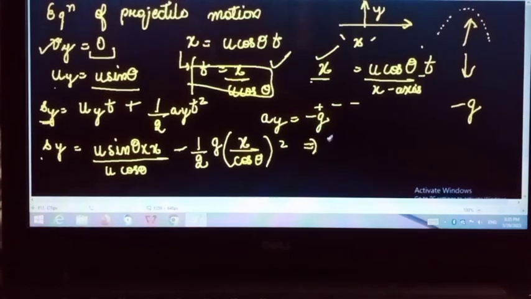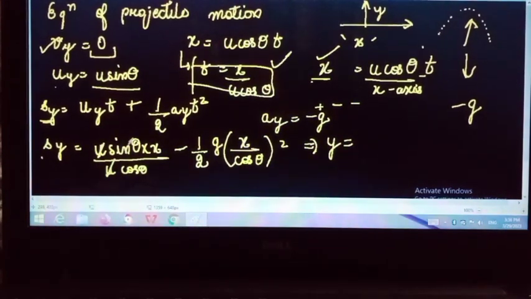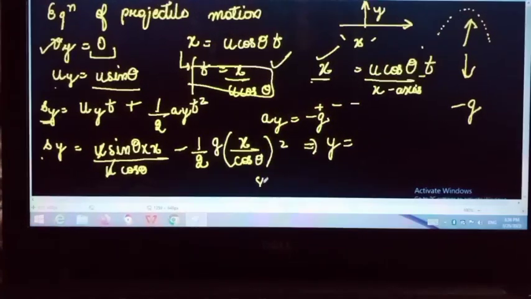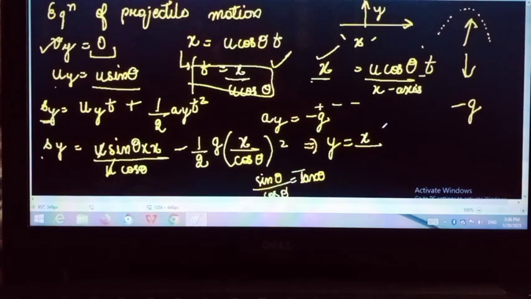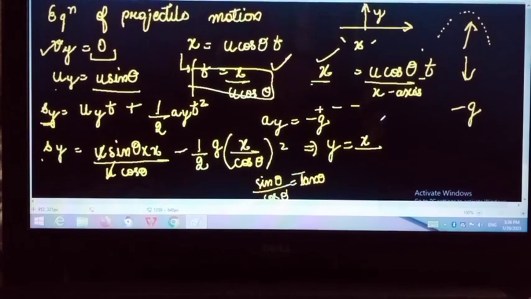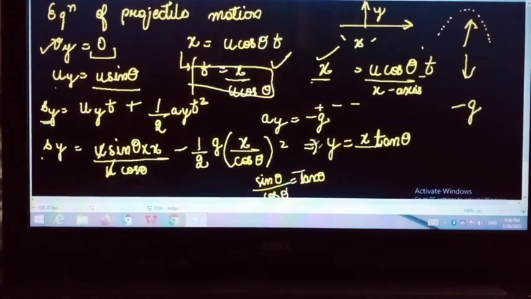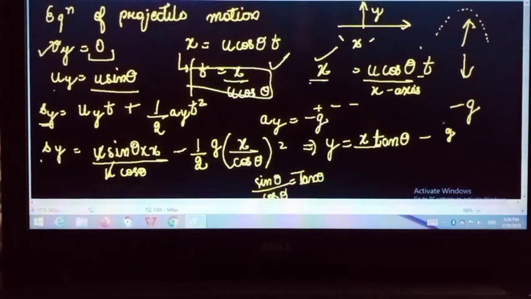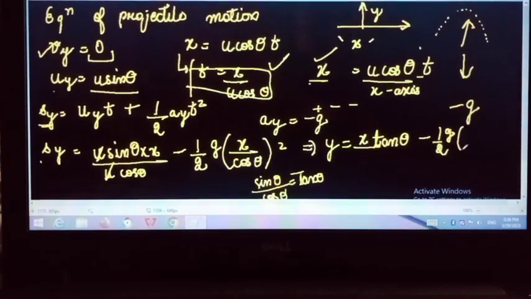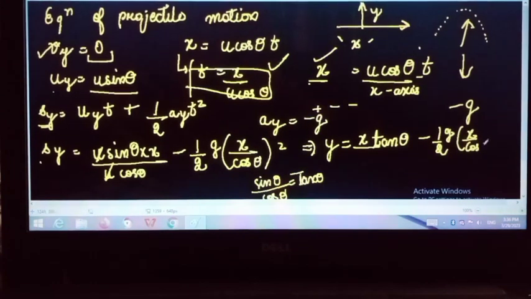So here we can obtain the equation of the parabola: u sin theta upon u cos theta is equal to tan theta, so we can write it as x tan theta minus half g x square upon u square cos square theta.